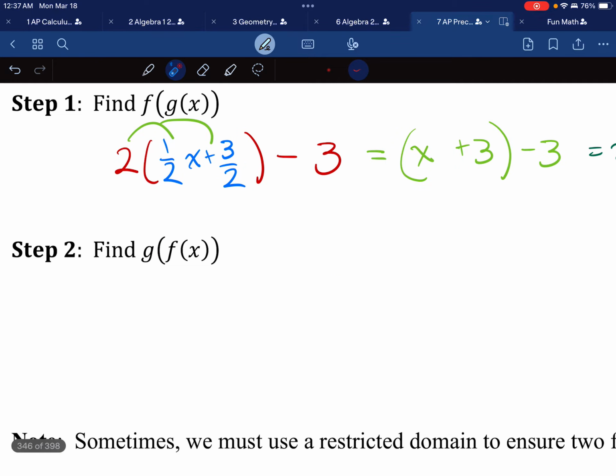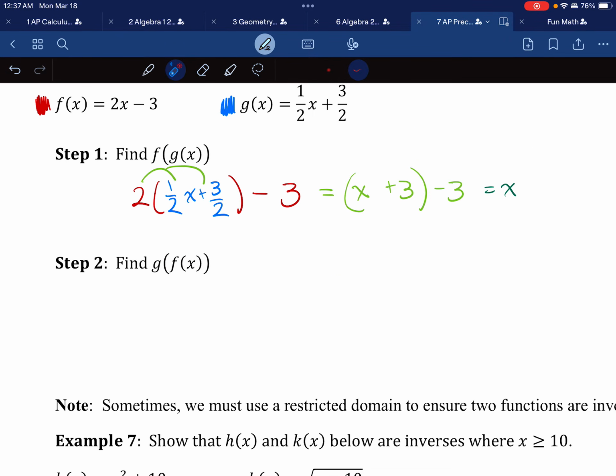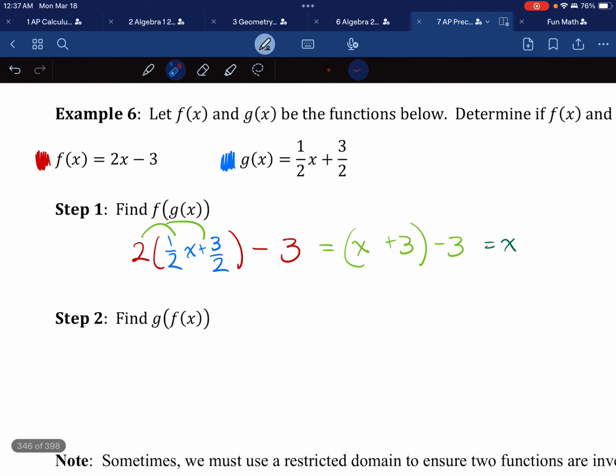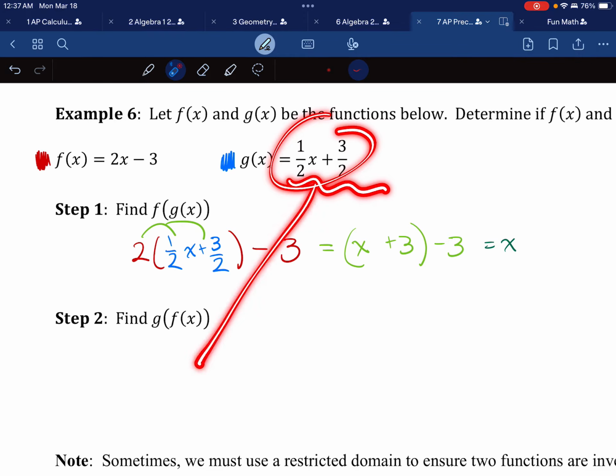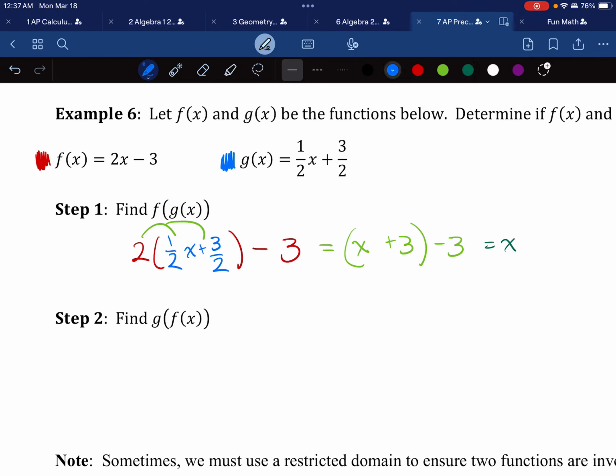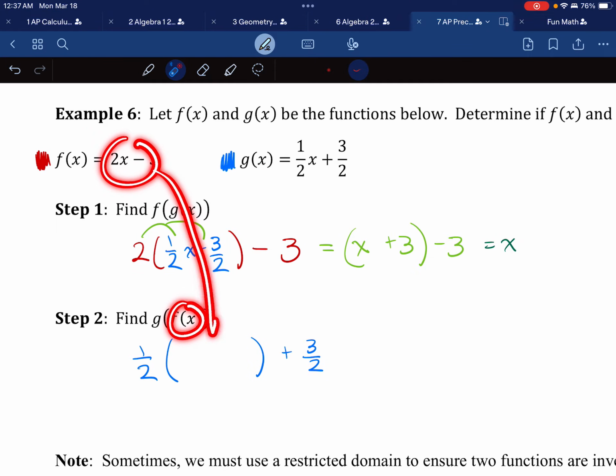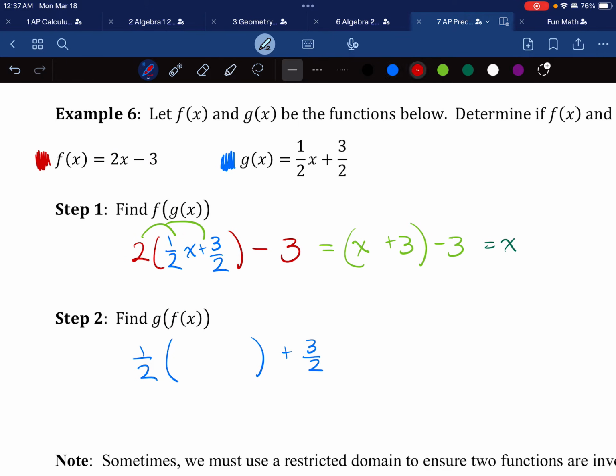So I'm going to rewrite my template, I guess, for g. We're going to say that g normally is this function right here. I'm writing it down here. Here we go. This is 1/2 of x plus 3/2. And inside of my g function, I have my f function. This f function is going to live on the inside of my g function. We're going to say this is 2x minus 3.